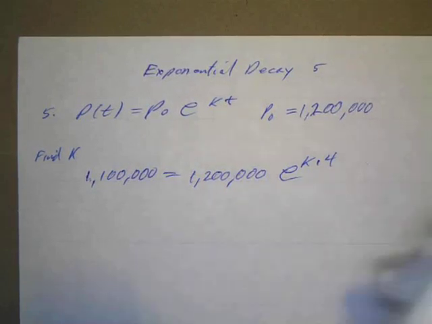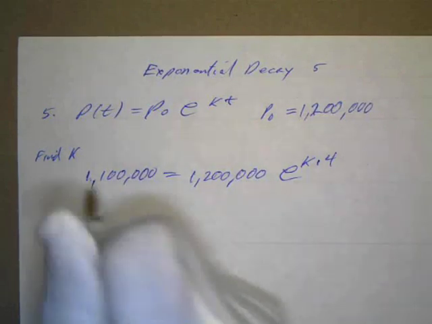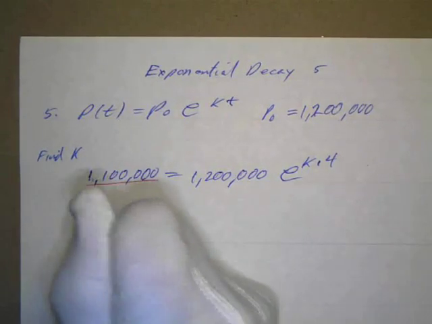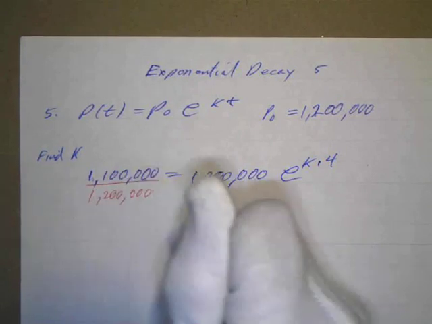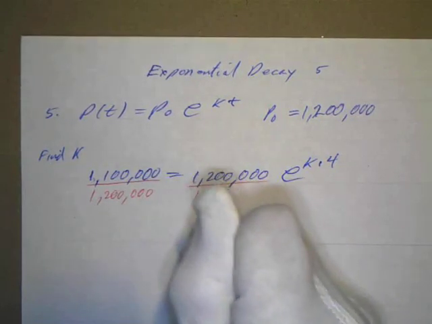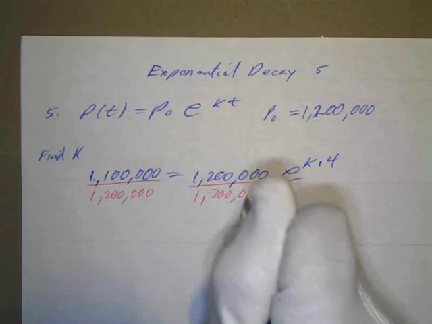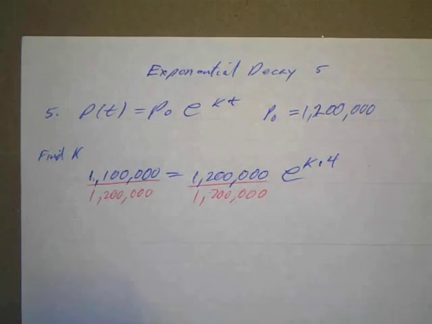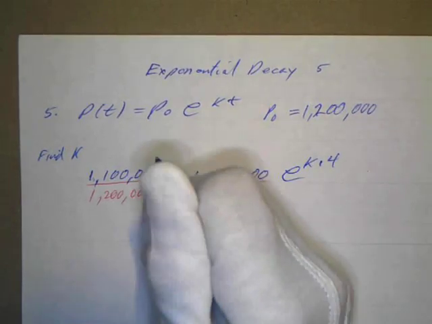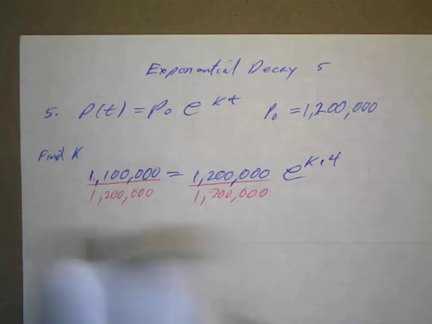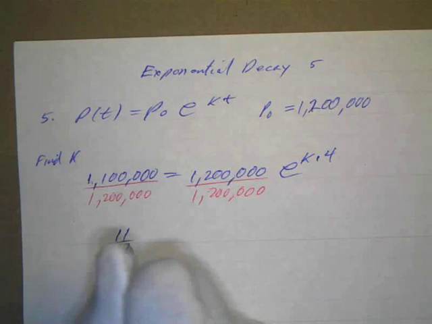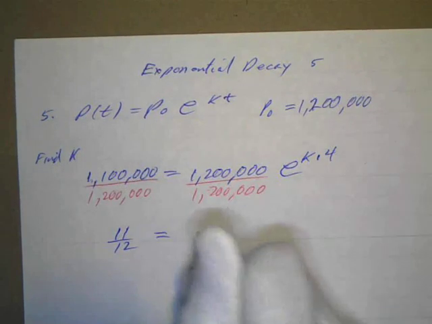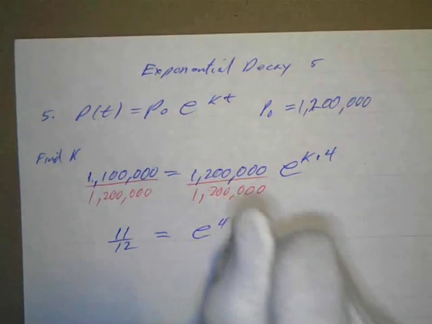I divide both sides by the 1,200,000. All these zeros cancel, so I just end up with 11 over 12, so that's nice. And that equals e to the 4k.